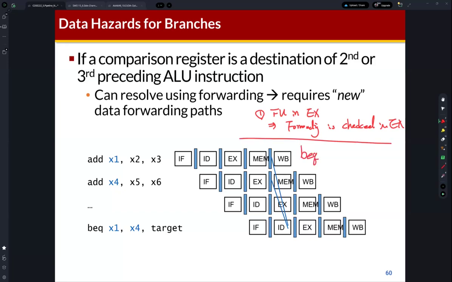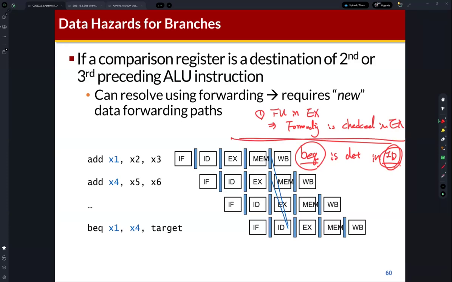BQ is determined in the ID stage. Which means the BQ needs to receive two source registers from the register file, right? So how can you implement the data forwarding?